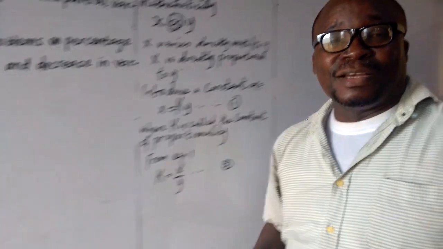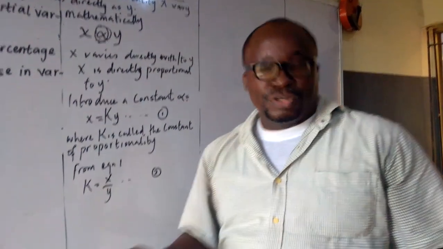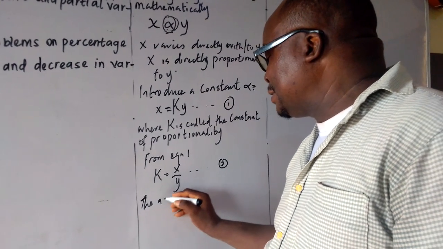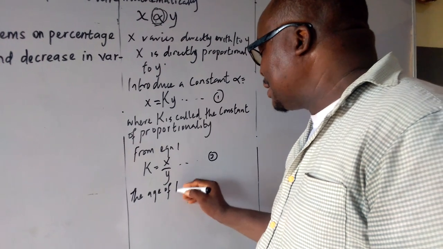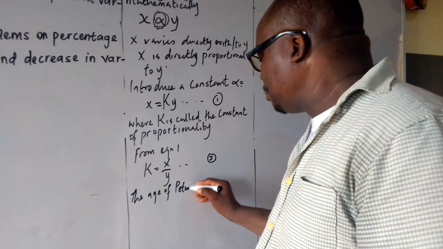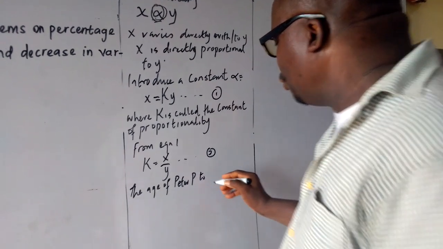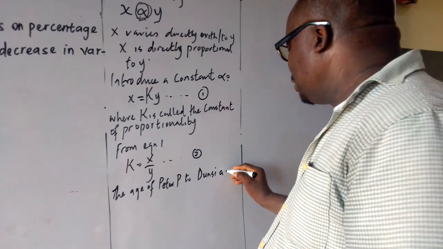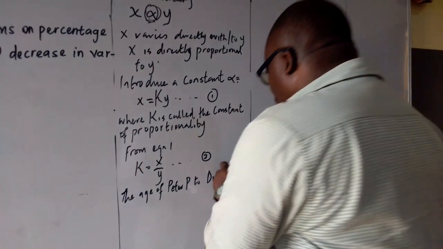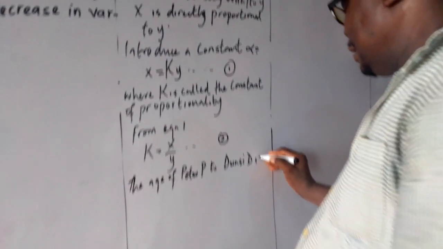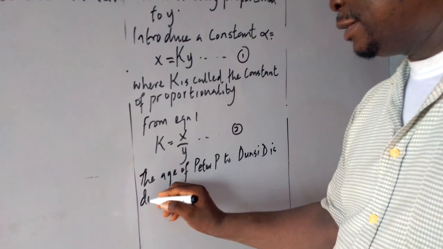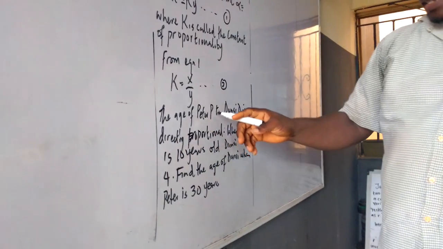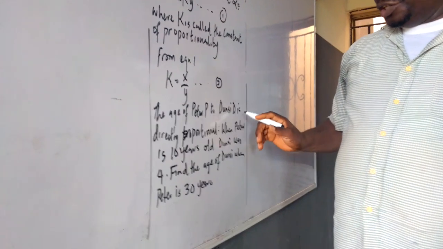So when you are asked a question, let's create a question. Let's say the age of Peter, P, and the age of Dunsi, D, are directly proportional.